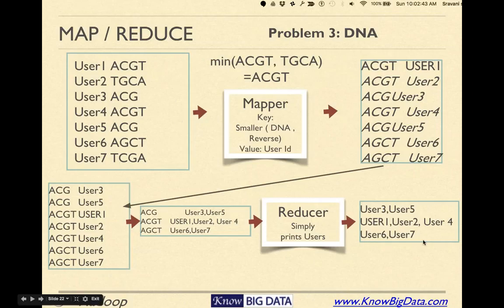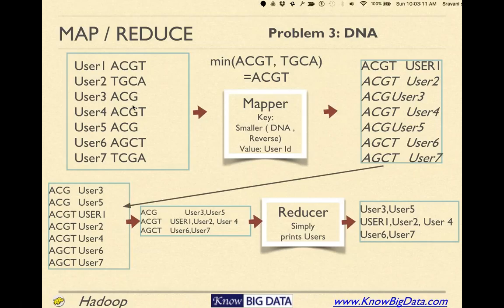Correct. Now ACG, what is the mirror image of ACG? GCA. So out of ACG and GCA, who is smaller? Correct, ACG. So user 3 will have a key called ACG.